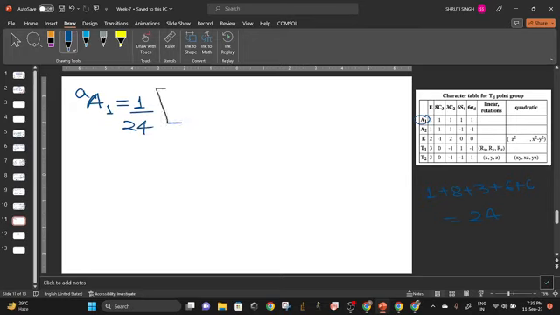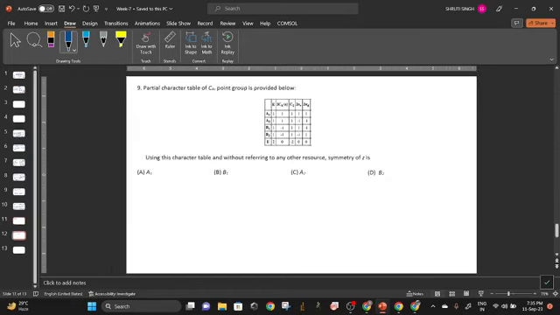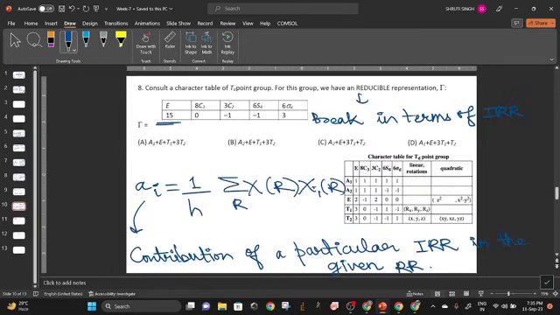Next, we have to find the character under the reducible and the character under the irreducible representation, but we also have to multiply with these coefficients. Otherwise, suppose we are writing for C3, we have to multiply by 8, since there are 8 C3s.